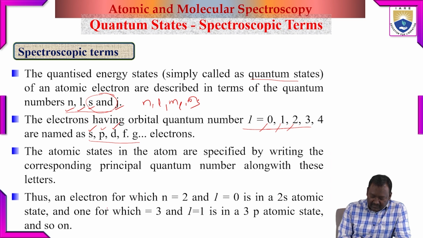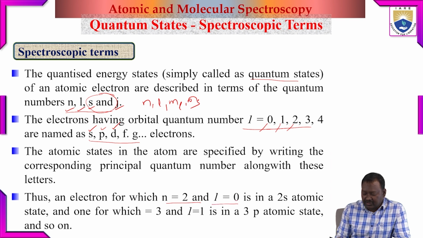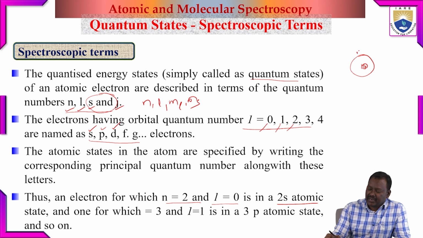So an electron which has n equal to 2 and L equal to 0 is in a 2s atomic state. The principal quantum number is 2, which means the electron is in the second orbit of the atom, counting from the nucleus: n equal to 1 is the first orbit, n equal to 2 the second.